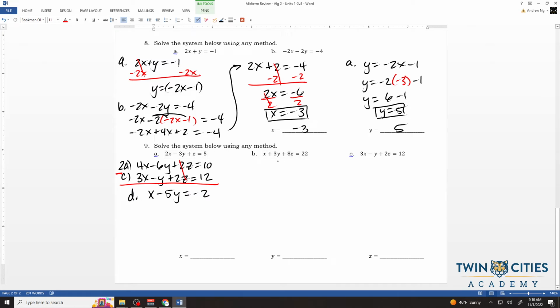So 8A and B. Okay, 8A, so everything in A gets multiplied by 8. That's going to be 16x minus 24y plus 8z, and that's equal to 40.